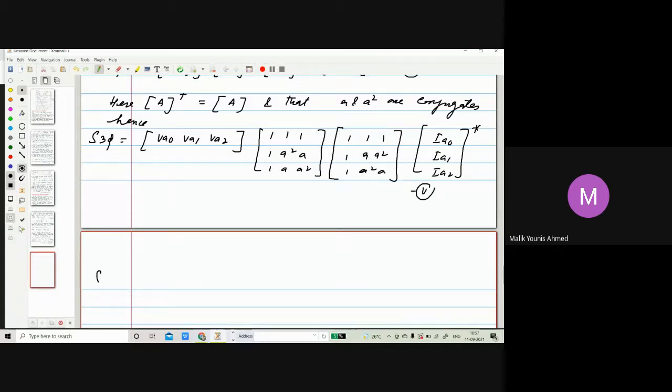Now after this, we can further, and we also know that the transpose of matrix A multiplied by matrix A, we can calculate it.